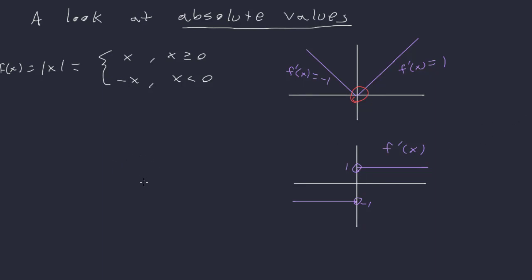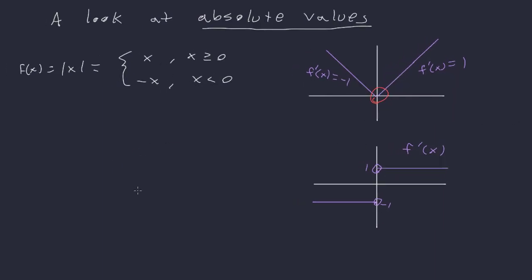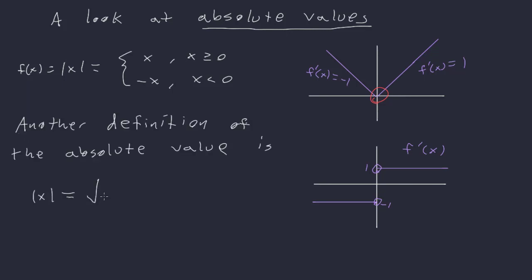Okay, I want to look at another way we can define the absolute value, and we've talked about it briefly, not as a definition, but just as the way things work algebraically. That's simply as the square root of x squared. If you give this, say, a negative 5, you're going to have the square root of negative 5 squared, which is the square root of 25, which is 5.